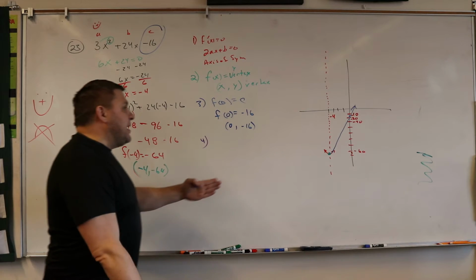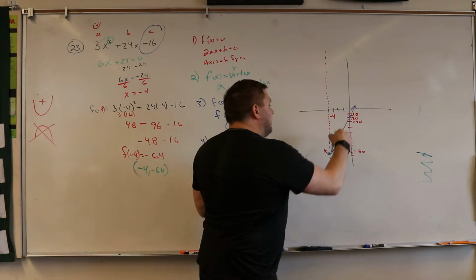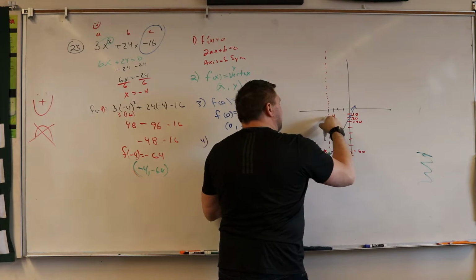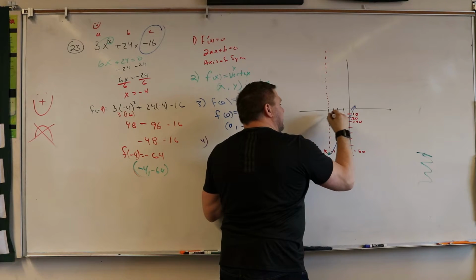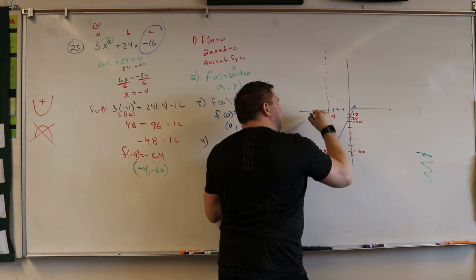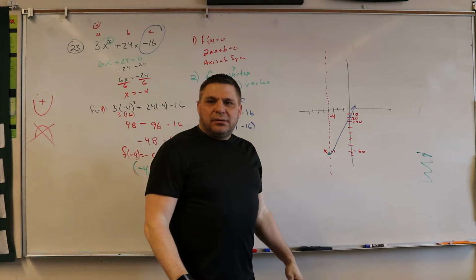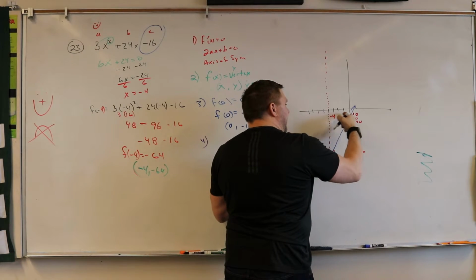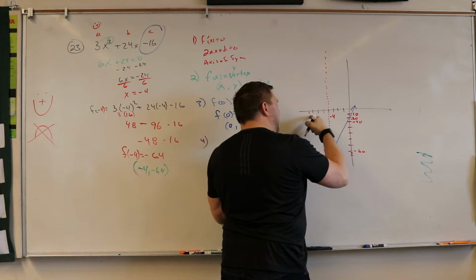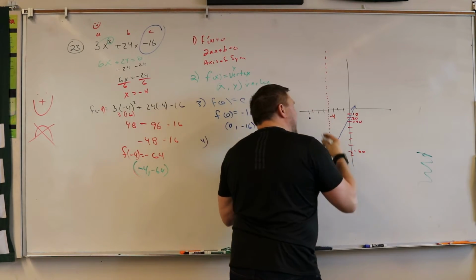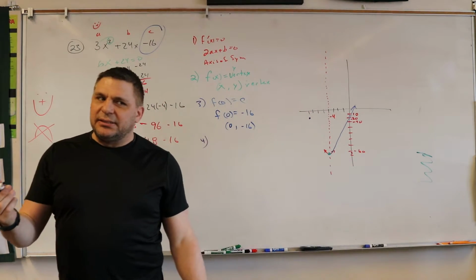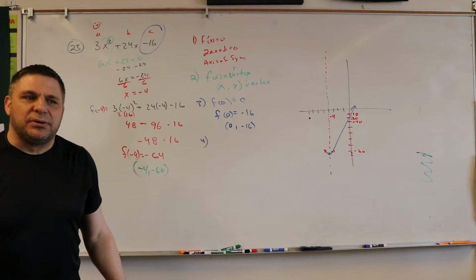We got to find the other piece. This piece that's that far away. Well, that would be 1, 2, 3, 4. If I'm 4 this way to get to here, then I'd be 4 this way, and I'd be at the same point, because it's symmetrical.